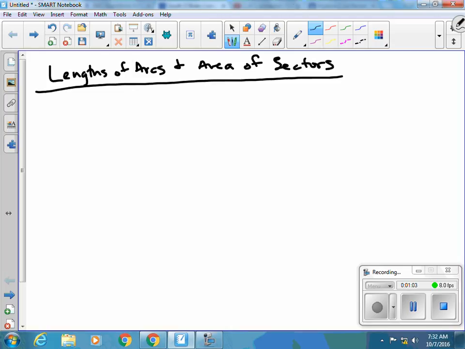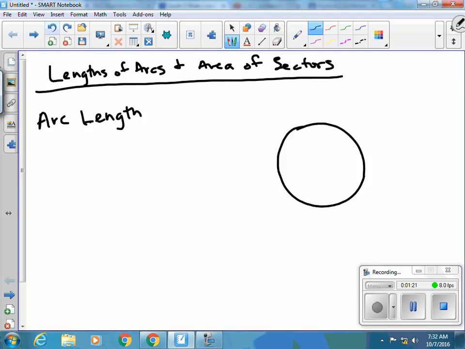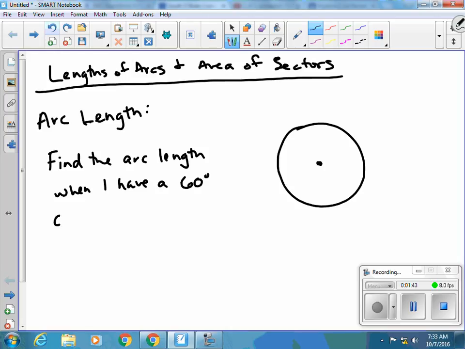Okay, so the first thing that we need to do is to look at arc length. Horrible circle. All right, so I've got my circle here, and I want to find the arc length when I have a 60-degree central angle.